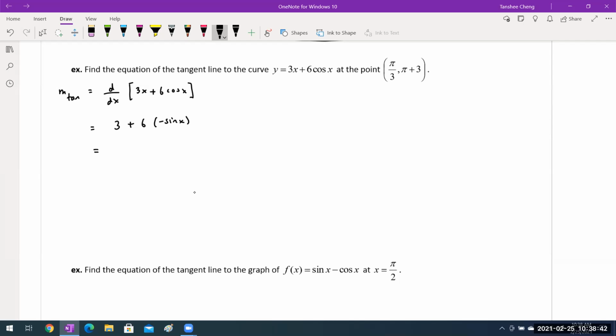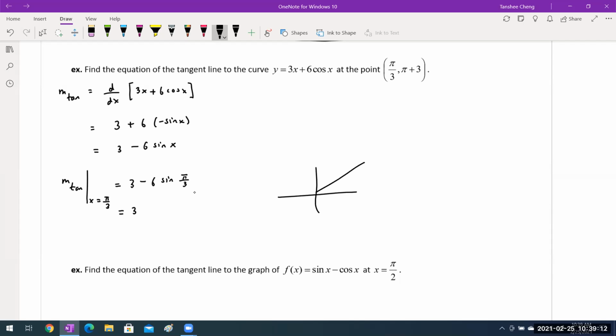So what we are trying to do is evaluate this general formula of the slope of the tangent. In this case, we are particularly interested in the point x equal to pi over 3. So substituting pi over 3. What is sine of pi over 3?